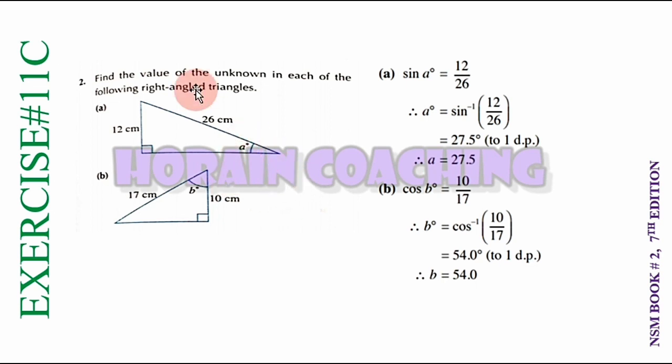See, in this right angle triangle A, we are given the side opposite to the angle, the perpendicular, and the hypotenuse in part A. So recall the trigonometric ratio which is perpendicular upon hypotenuse: it is the sine ratio.